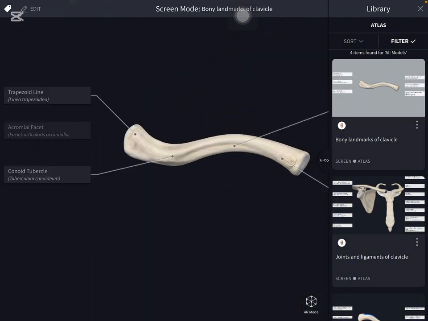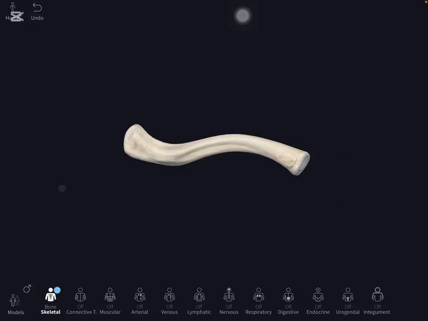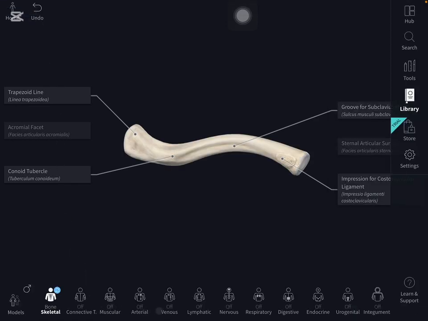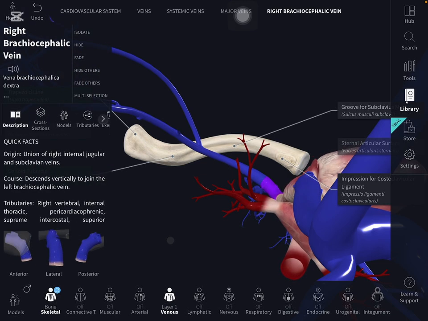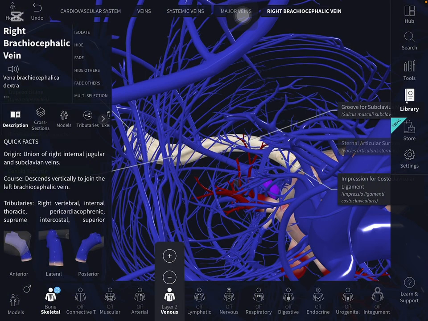I'm going to show you the subclavian vein, which lies medially.